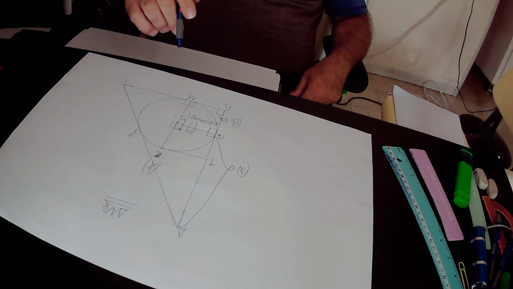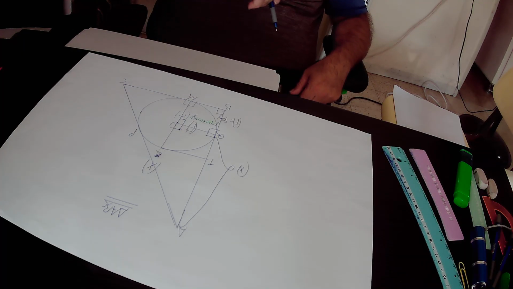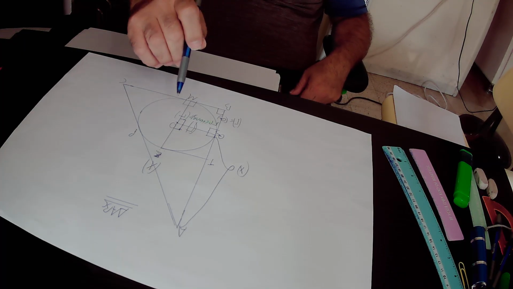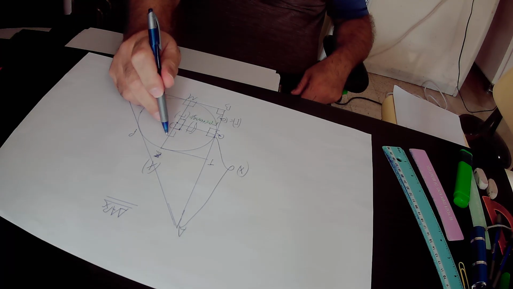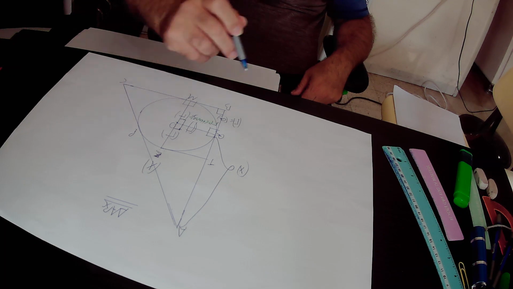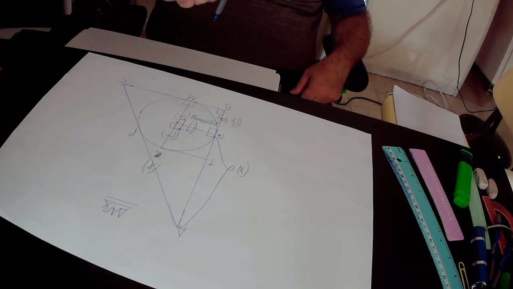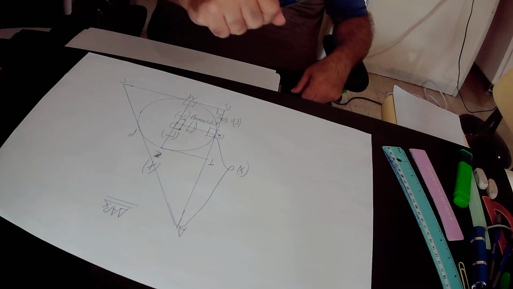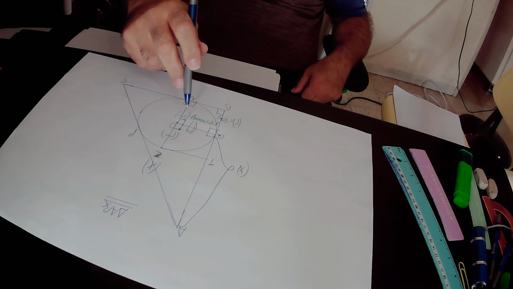So we have point O as the center of the circle, point Z is a point of the circle itself, and therefore OZ is the radius of this circle and is equal to R. The radius OZ is perpendicular to the tangent at point Z, that is the point of tangency with this circle. And whenever the radius is perpendicular to the tangent at the point of tangency, then the tangent TZ will be perpendicular to the radius ZO.